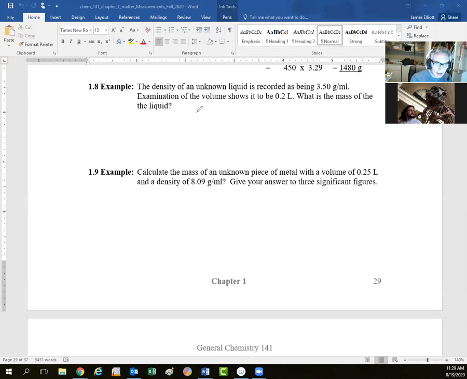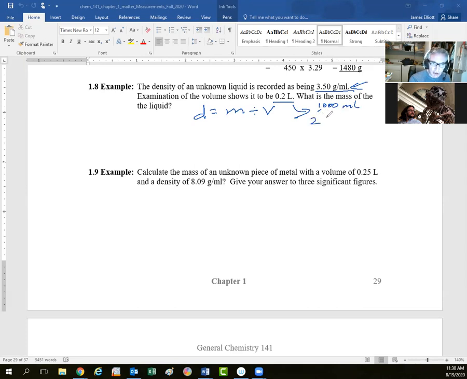So start from base principles, that density is equal to the mass divided by the volume. And let's see what data we have. We've got the density of 3.5 grams per milliliter, and we've got the volume at 0.2 liters. Now the density is still in grams per milliliter, so that volume has to be converted into milliliters by multiplying by 1,000 milliliters to make a single liter.